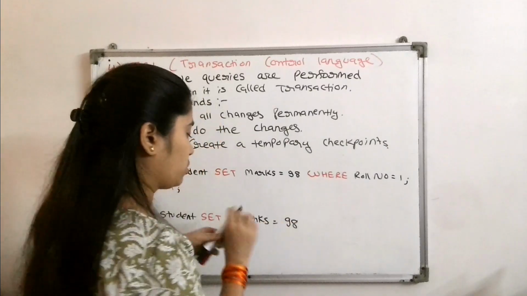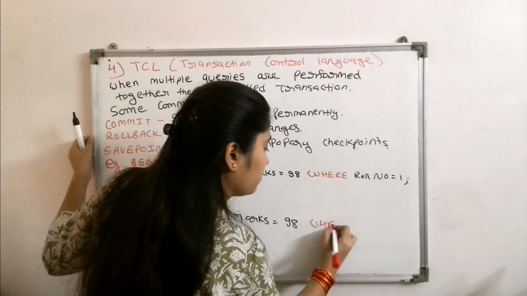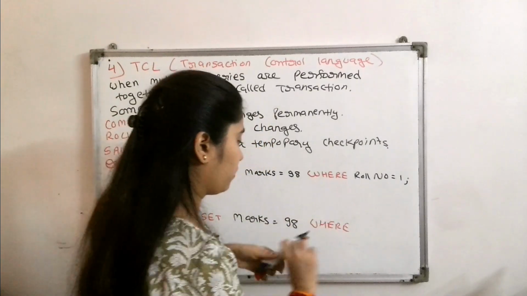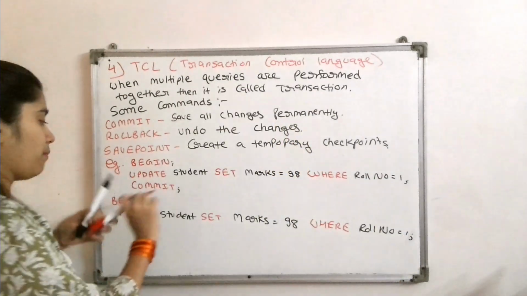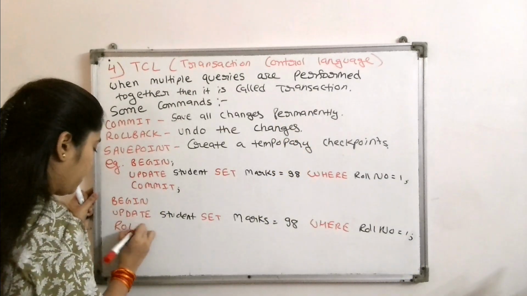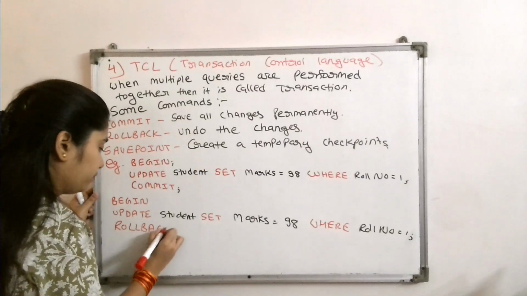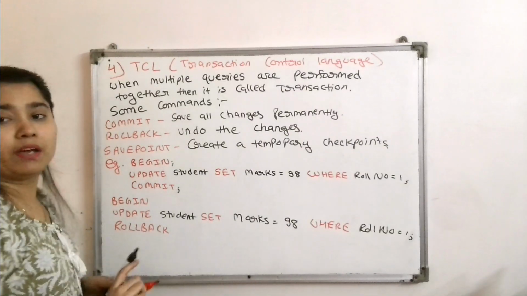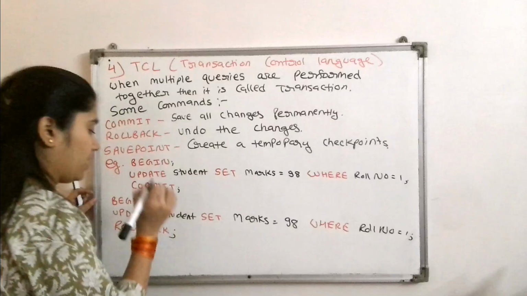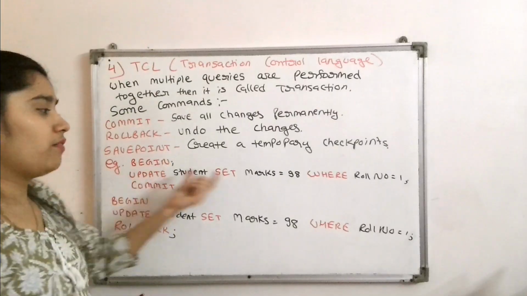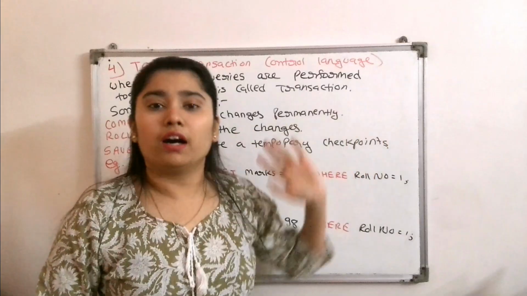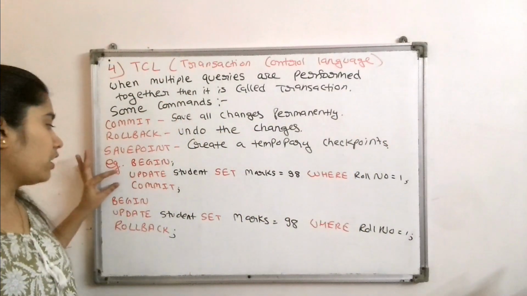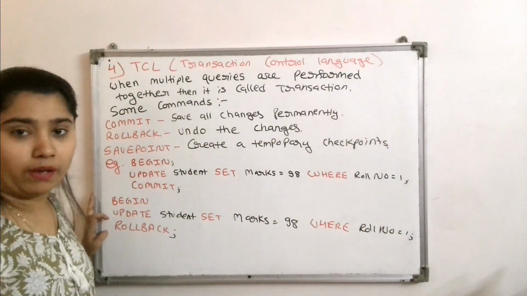Then again you write this query as it is. After, instead of commit, we write rollback. So whatever changes we have made will be cancelled. These changes will not be updated; it will go back to whatever it was earlier. So this is the commit command and this is the rollback command.